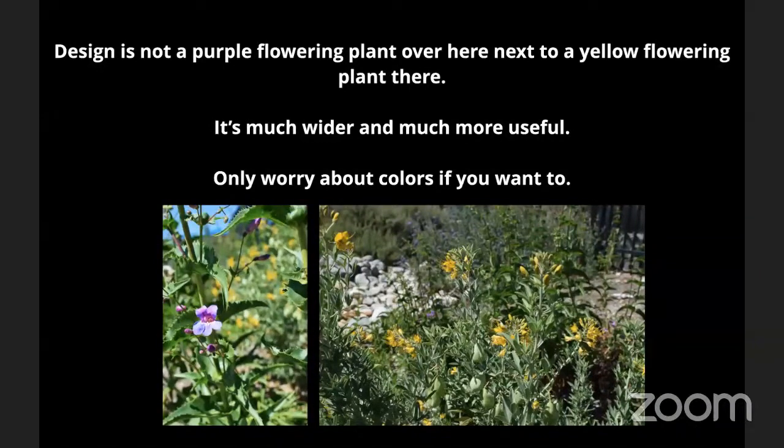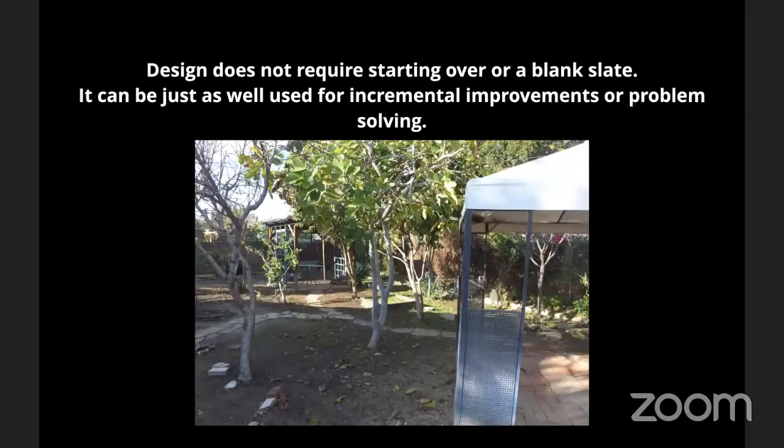When I do landscape design, I'll think about seasonality of flowers, because I really want to make sure that there's going to be something blooming for pollinators all throughout the year, and we can do that in Southern California. But I don't worry about color. I find that if I do a nice landscape design, the flower colors are going to take care of themselves. If you want to get into the flower color, do that. But that's not necessarily what we're talking about when we talk about design.